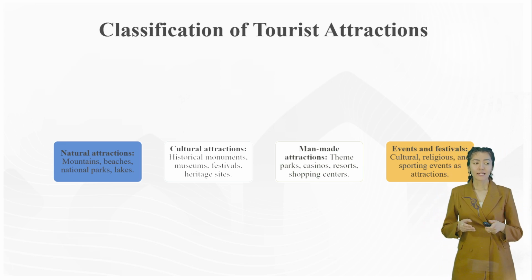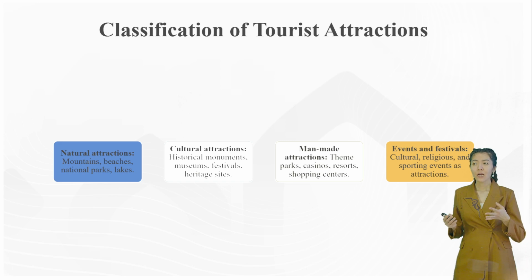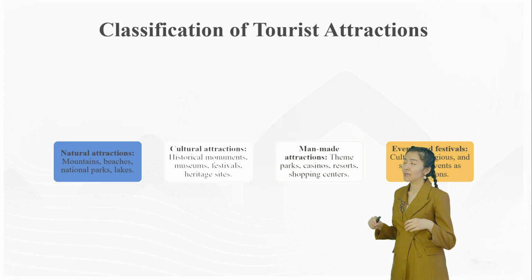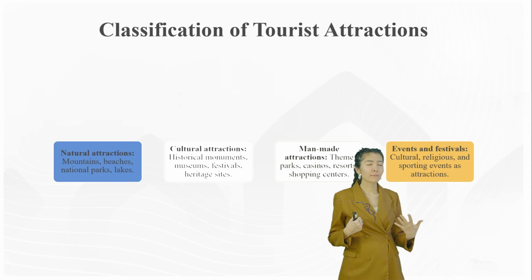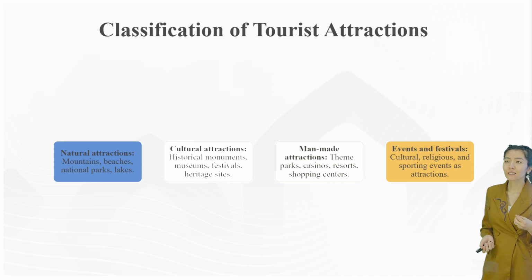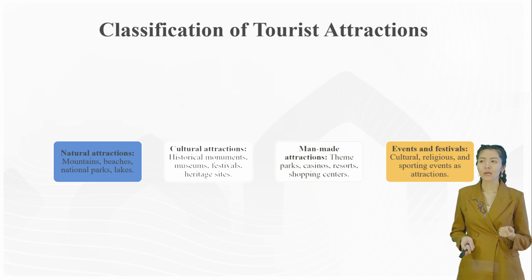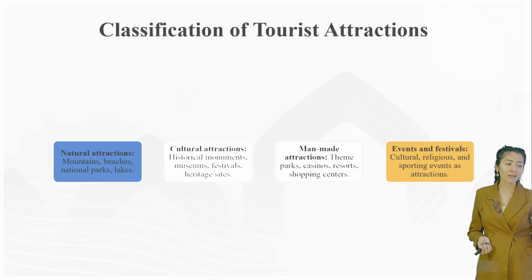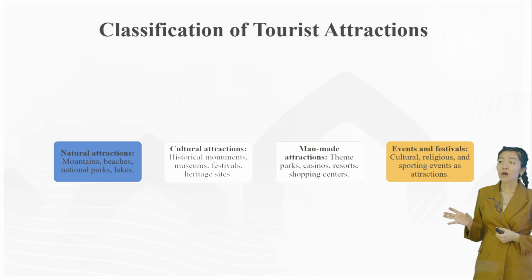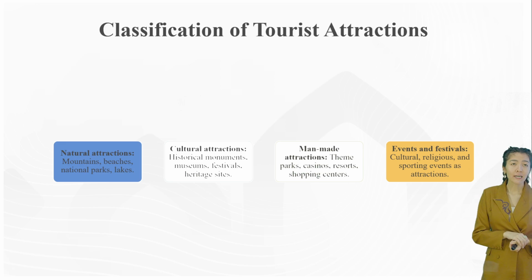It means parks, casinos, or resorts which are made by human beings. Finally, events and festivals. It includes cultural, religious, and sporting events as attractions. It can be organized in different ways. That's why understanding the classification of tourist attractions properly is very significant.